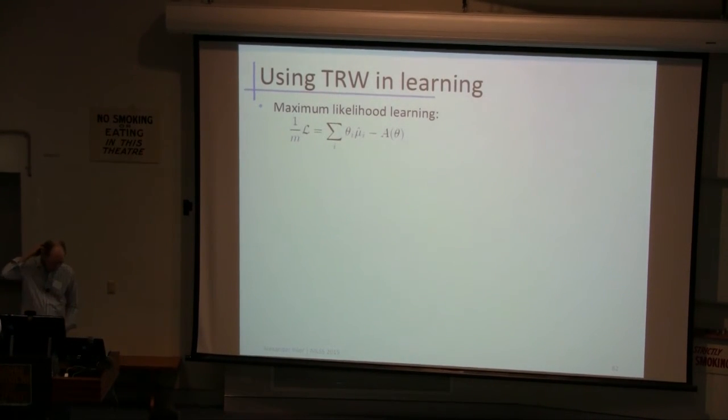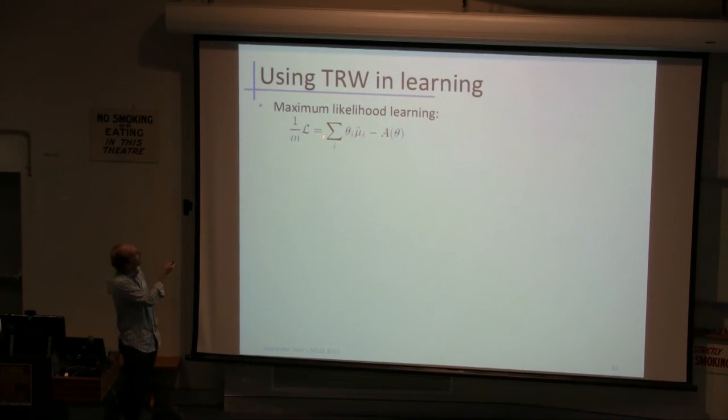So again, these reweighted bounds can be used in learning and are often used for maximum likelihood learning for conditional random fields and things like that. If you're doing maximum likelihood learning, your log likelihood function is just something that involves your model parameters and your observed data, and then the log partition function that normalizes the model.